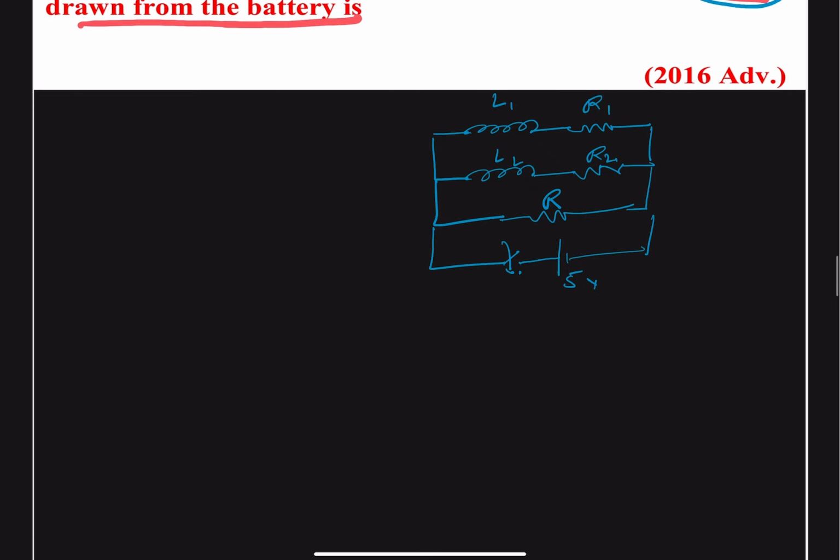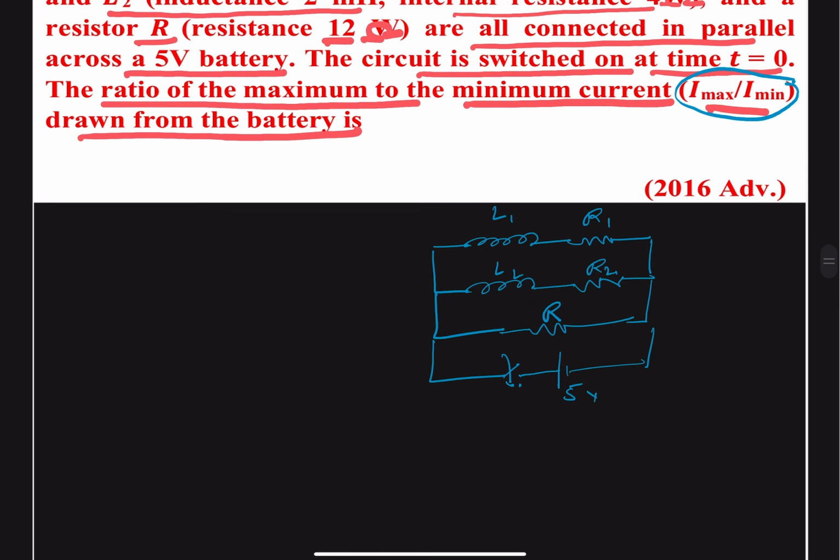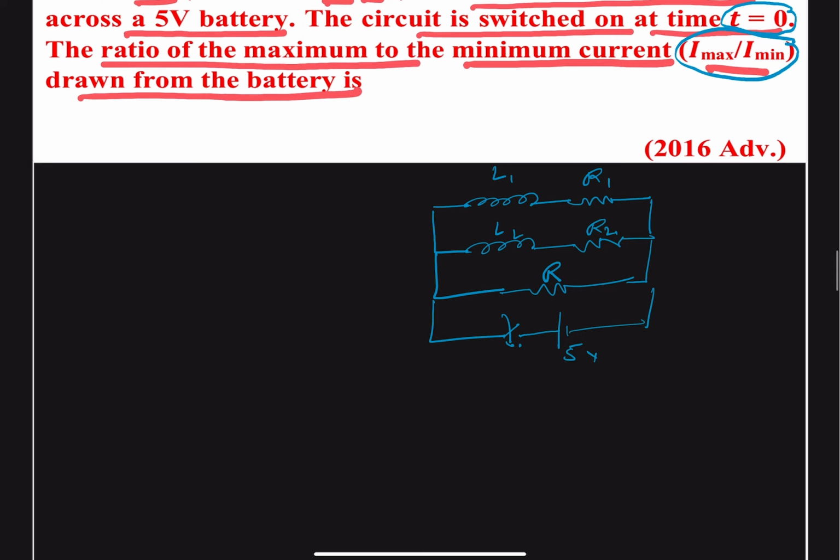So in this condition, it is said that the circuit is switched at time t is equal to 0. So we can discuss the maximum and minimum current with respect to this switching of the switch.